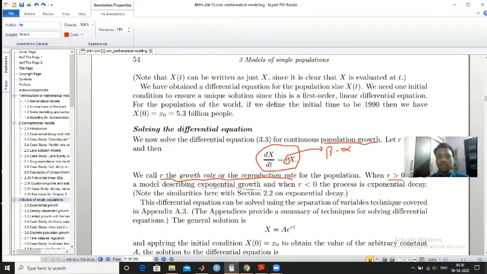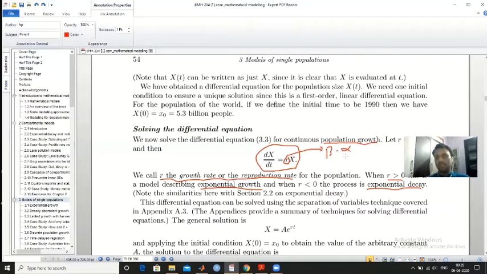But R is negative only when beta is less compared to alpha, meaning birth rate is less in comparison to the death rate. Then that will represent the exponential decay. It may also be the case that beta is equal to 0, meaning there is no birth in the population but there is only death.